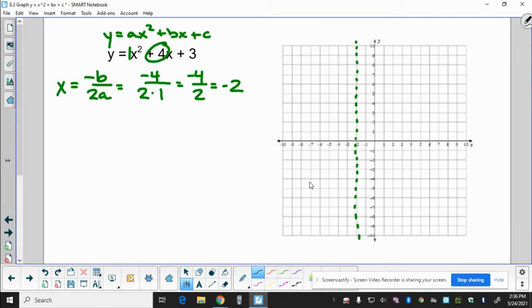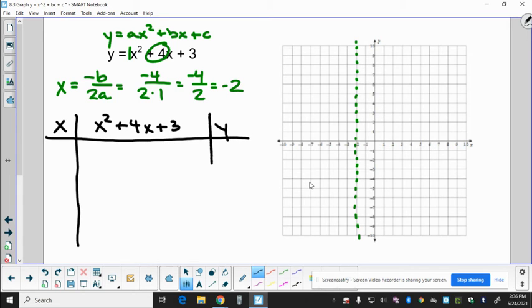So we're going to go ahead and set up a table of values now. Put in our function and get our range values here eventually. All right, here we go. Let's go ahead and start this process. Let's take the line of symmetry value as our first domain here. It would be negative 2.